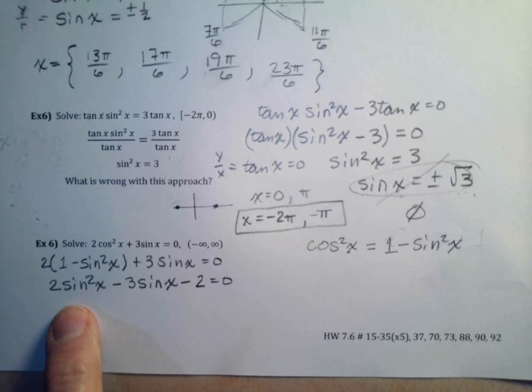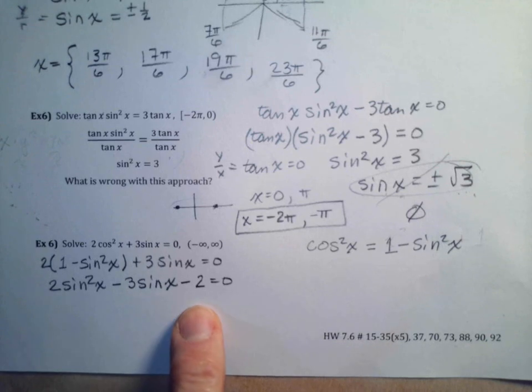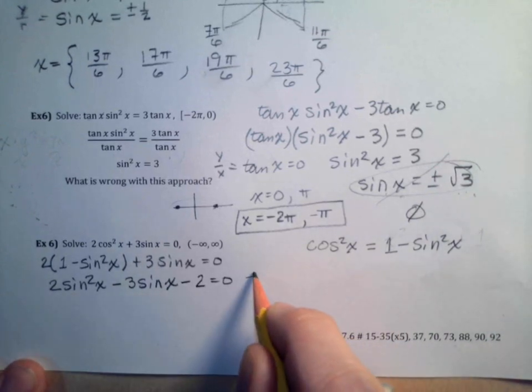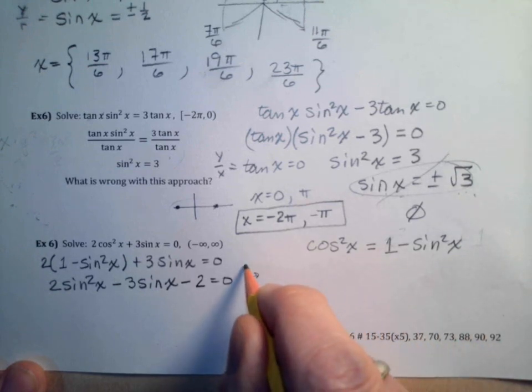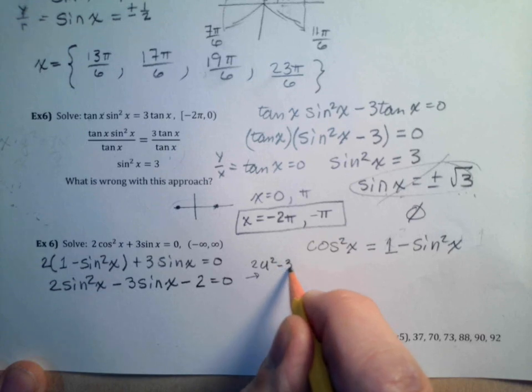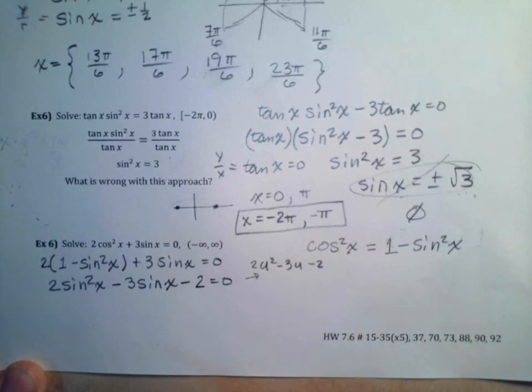So we should have a positive 2 sine squared x minus 3 sine x minus 2. And hopefully that would factor. If you have a hard time with that, you can think of that as 2u squared minus 3u minus 2, if that helps you to do the factoring.